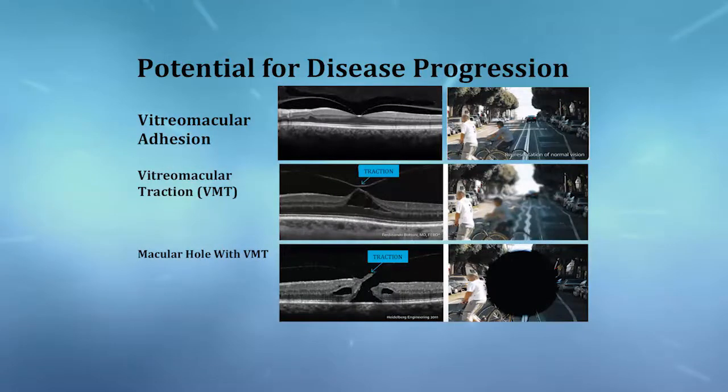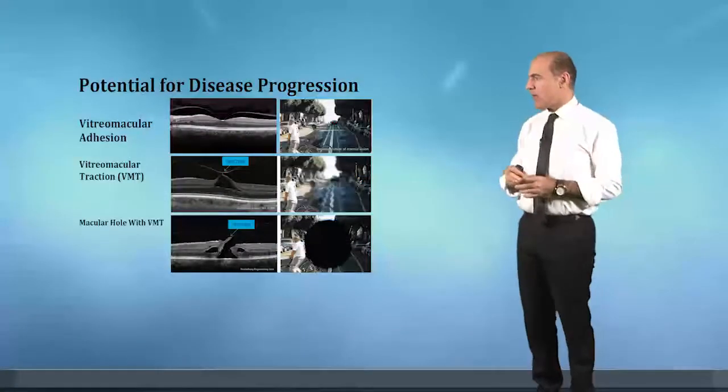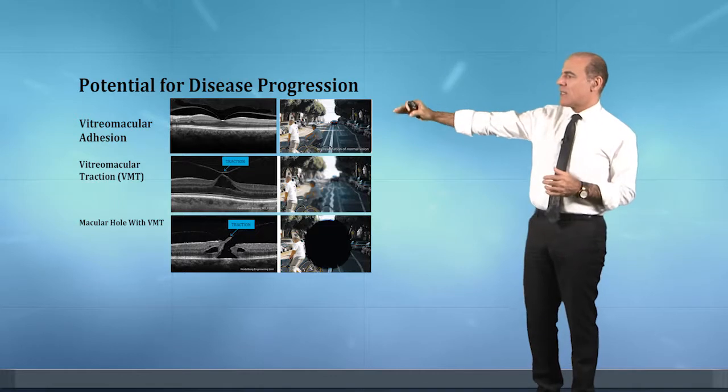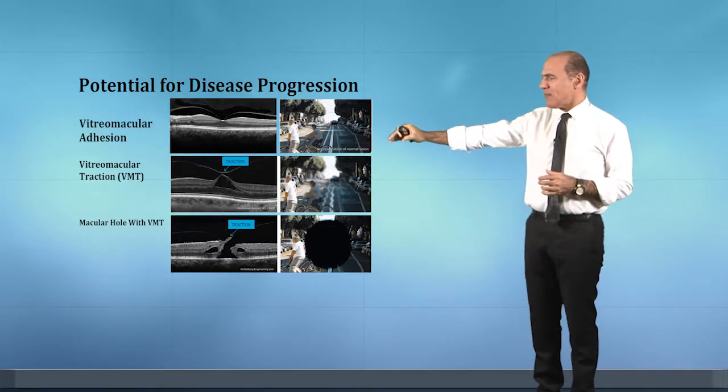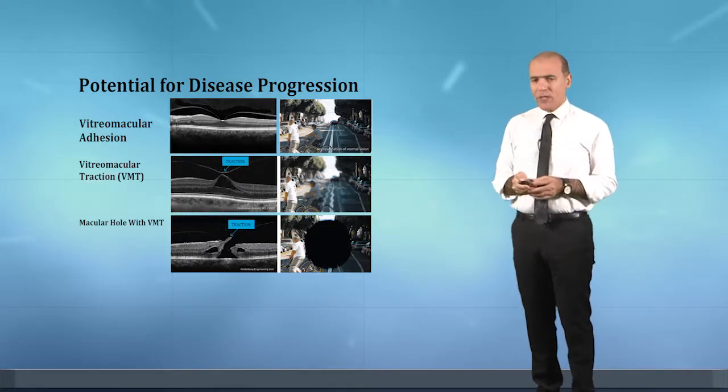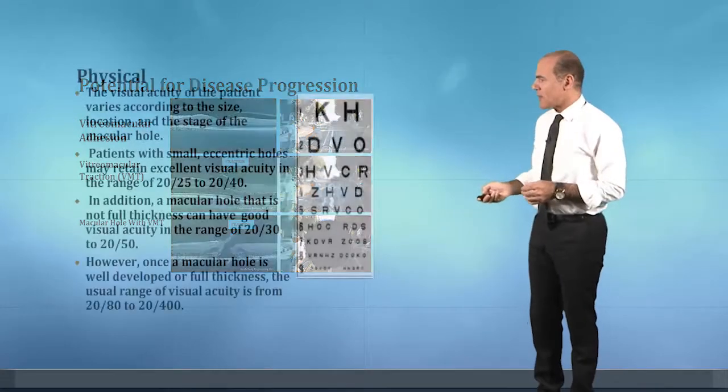Exactly, when you go from the normal at the top to the middle, where there is vitreomacular traction as the OCT demonstrates, it is reflected in real life as an irregular or wavy line, especially during driving. And when the hole actually happens, it can lead to central scotoma. You can imagine life is like that, you don't see the central part of the road. So this is the normal, this is only with vitreomacular traction, and the last one is with an actual macular hole present.